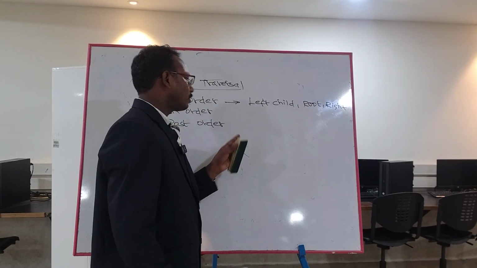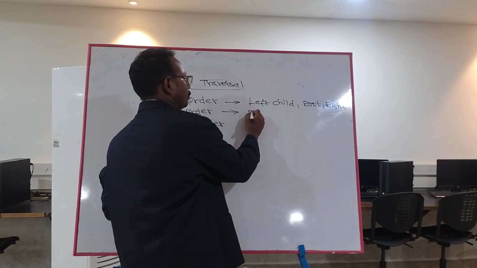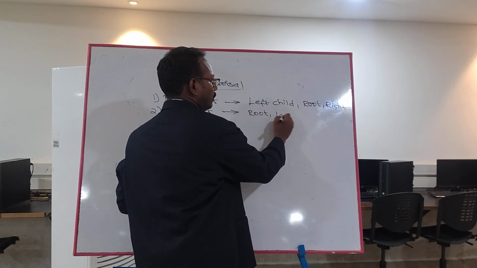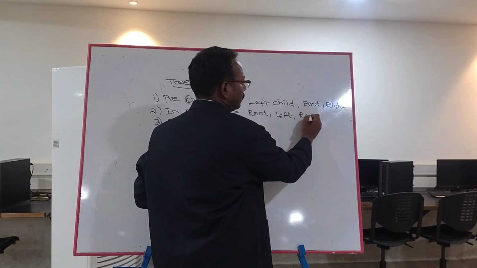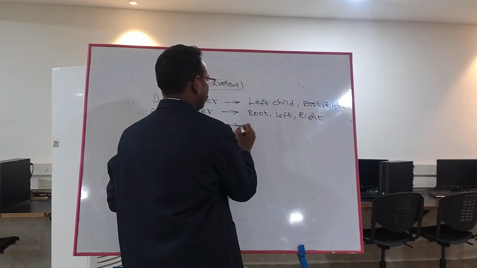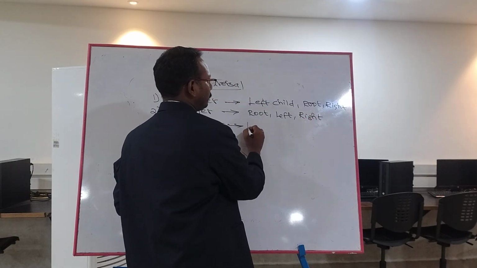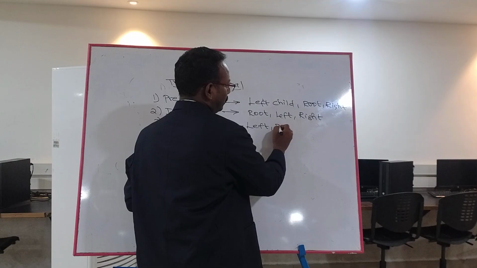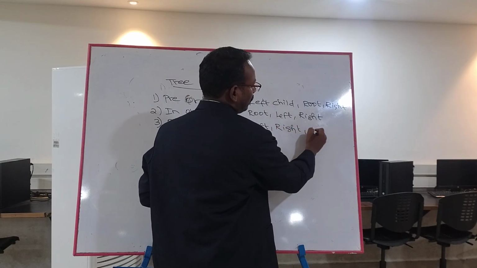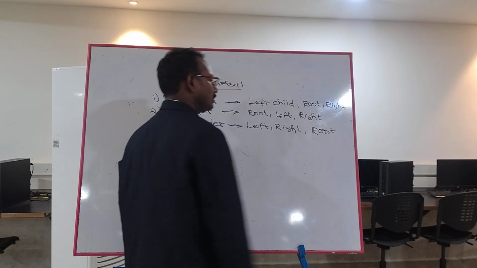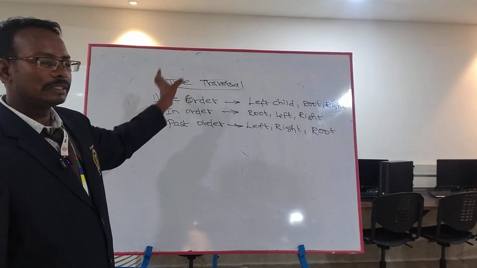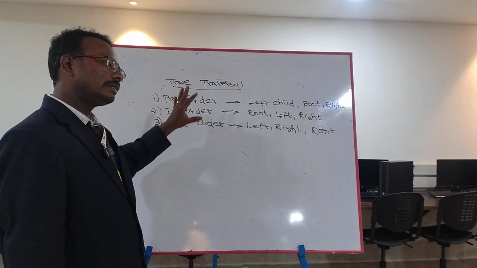For post-order, it should be left, right, and then root. This is how we can visit the tree in the tree traversals.